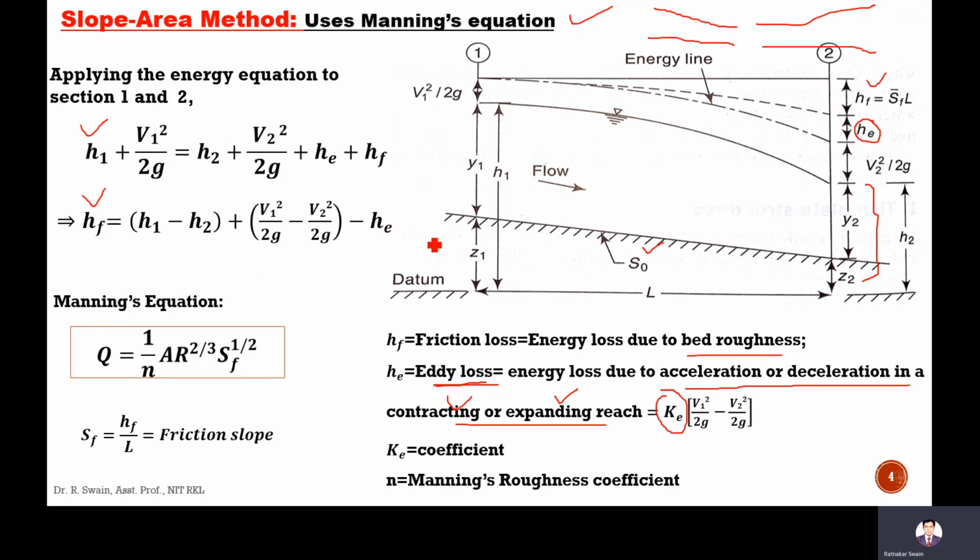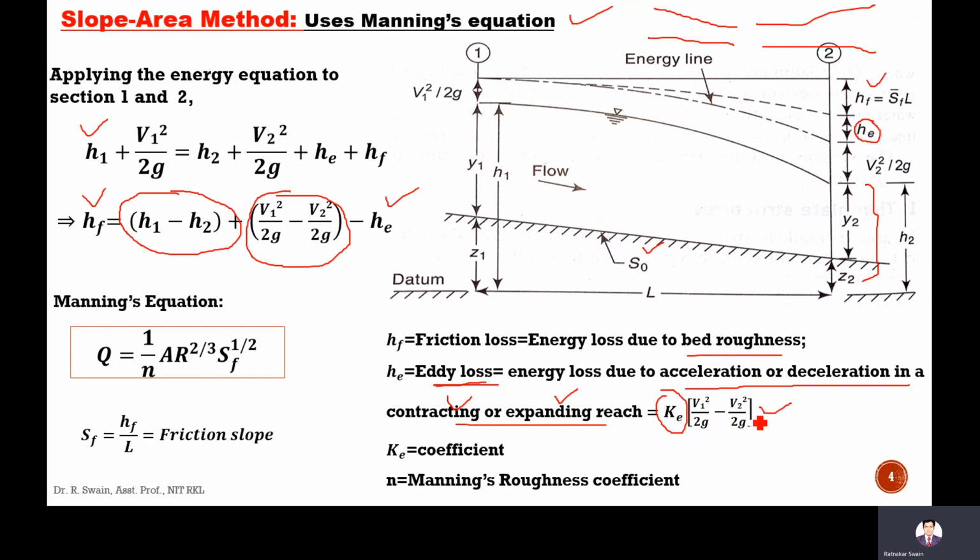If we can measure H1, meaning Z1 plus Y1, and Z2 plus Y2, we can calculate the head difference between these two points. And if we can measure velocity V1 and V2, then the kinetic head can be calculated. HE, the head loss, is the coefficient times the difference of kinetic head.